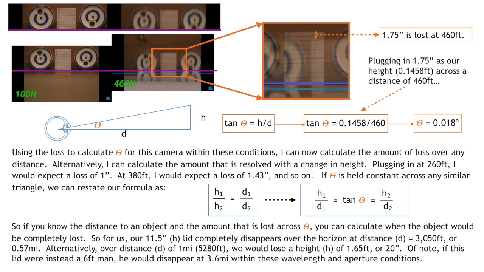Alternatively, over a distance d of 1 mile, 5,280 feet, we would lose a height of 1.65 feet, or 20 inches. Of note, if this lid were instead a 6-foot man, he would disappear at 3.6 miles within these wavelength and aperture conditions.